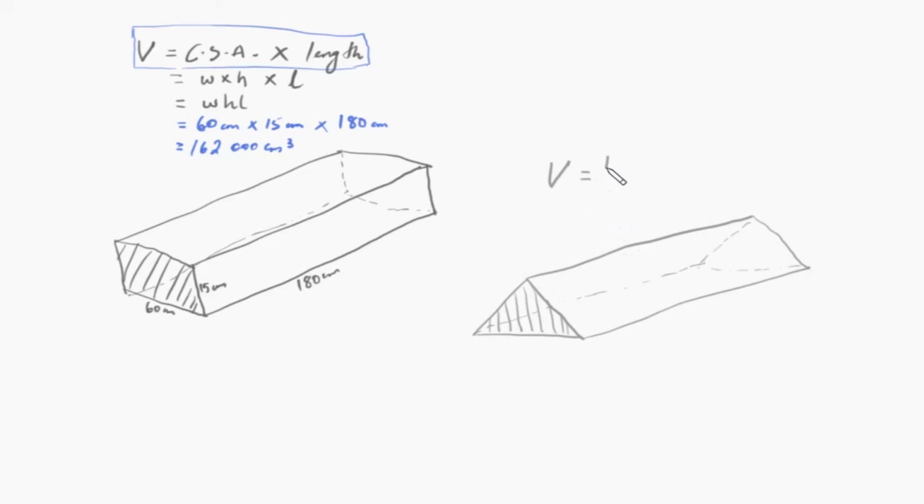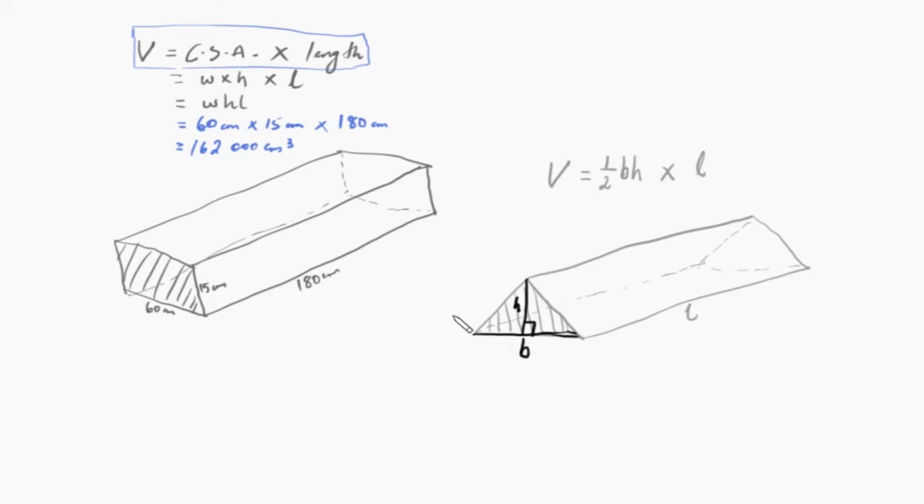The area of a triangle is half base by height, then multiplied by the length. This would be the length. The height should be somewhere here, because remember that the height is always perpendicular to the base. So if this is the base, then this should be the height perpendicular to the base.